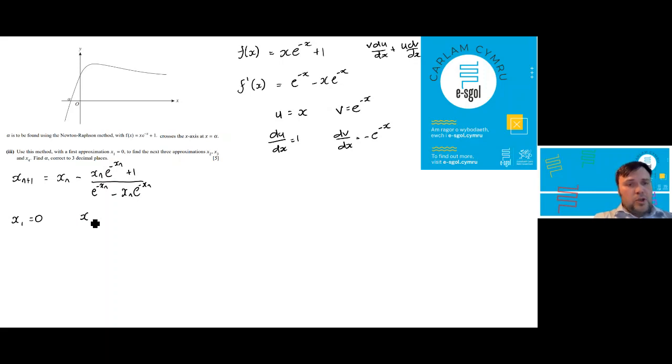But if we did x2, that is going to be 0 minus 0 times that, so it's going to be 1, divided by that is going to be 1 as well. That equals minus 1. x to the 3 is going to be, and I'll put the individual values in.